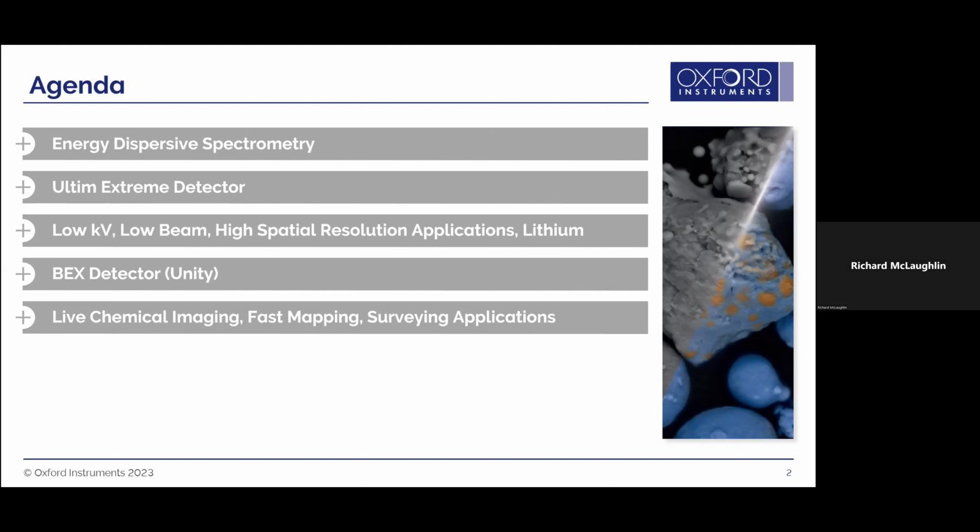Then some of the applications we'll cover are live chemical imaging, fast mapping, and something I call surveying applications. We saw some examples in the previous presentation with a lot of large area maps, and that's what BEX in Unity is designed for: to collect these large maps quickly.